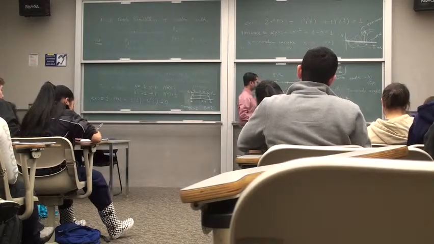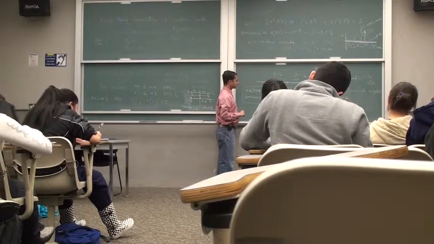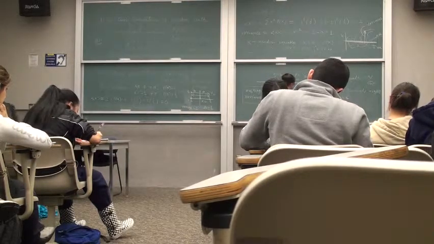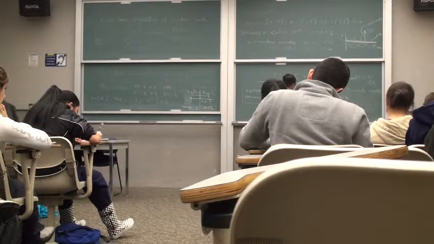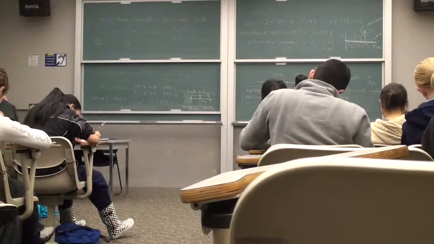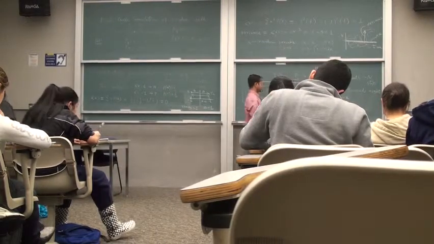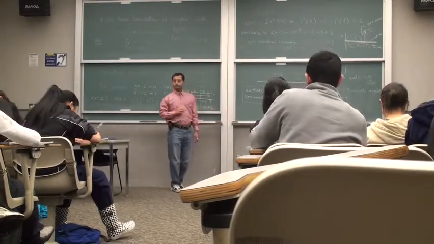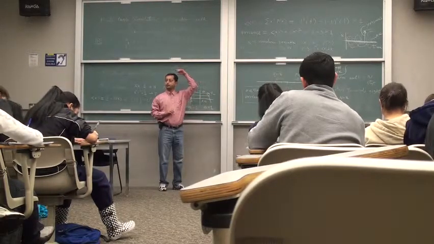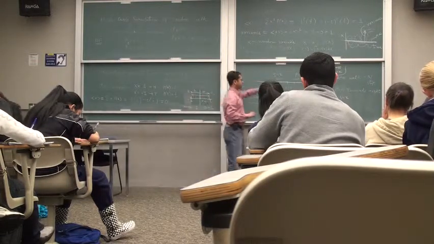Yes? nCx means n factorial over x factorial times n minus x factorial. Question? Do you follow? So q to the power n minus x.